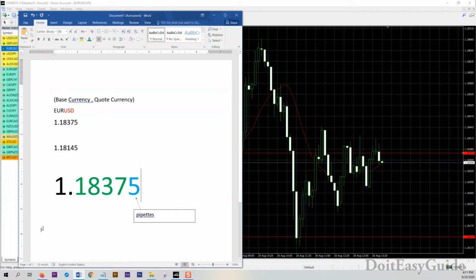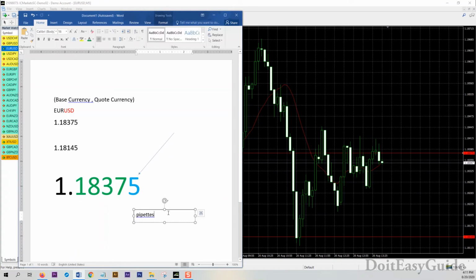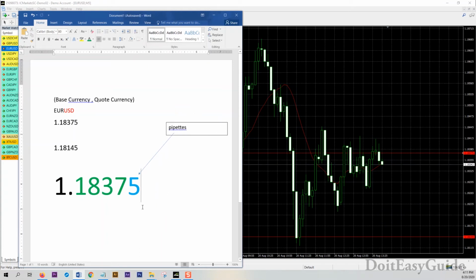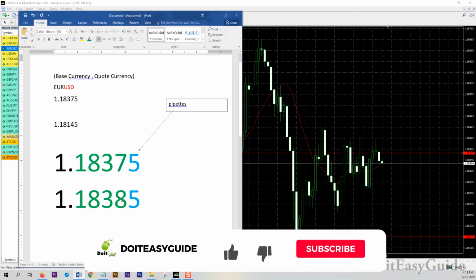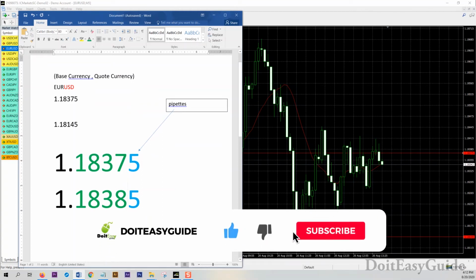So if I take a copy of this and paste it here, and change the value to 3.8, that means 1 pip was increased.